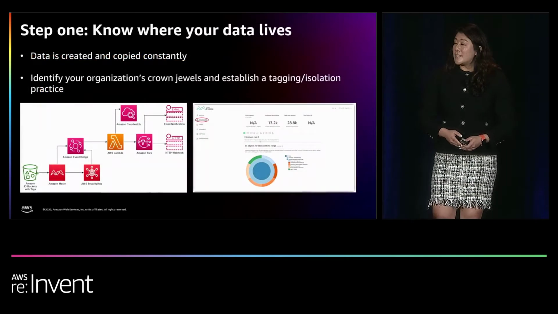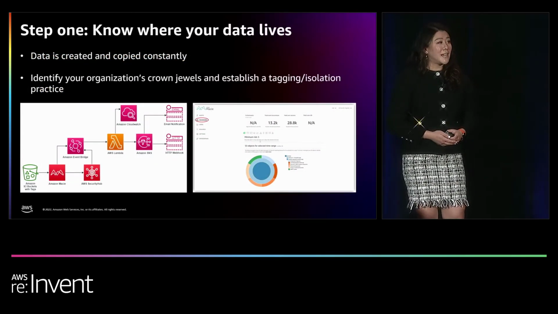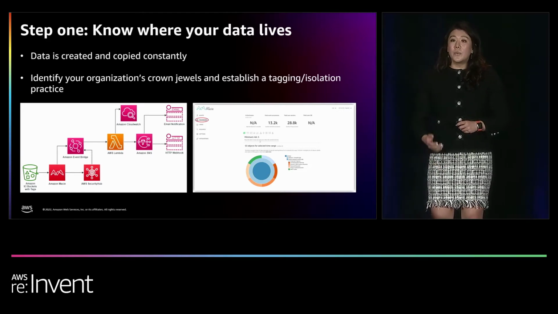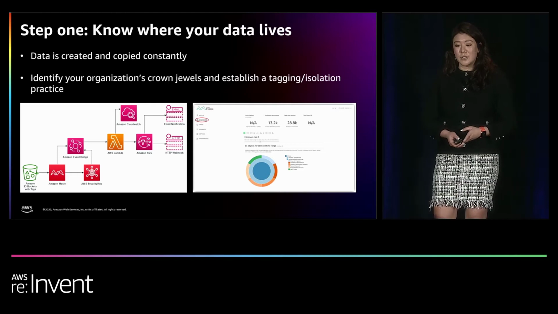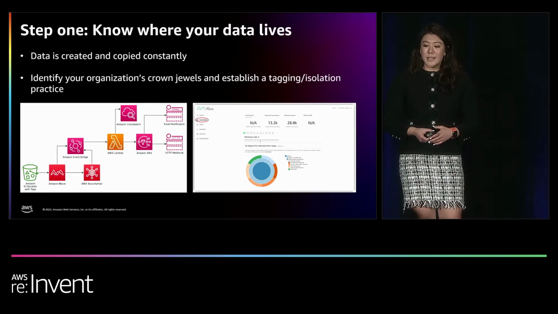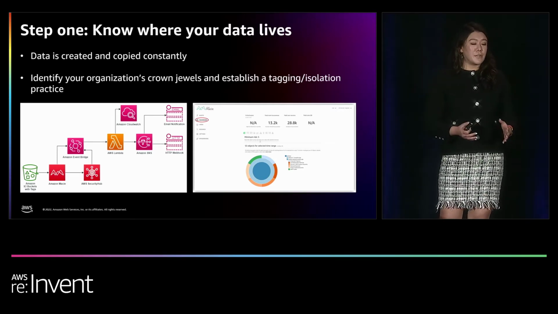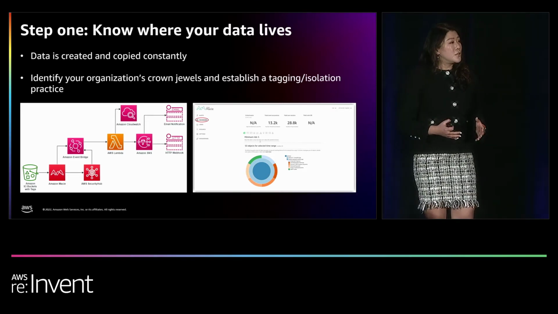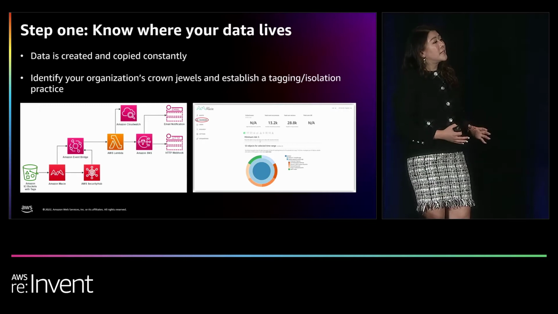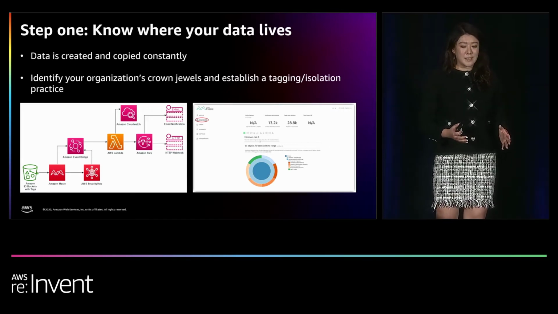So step 1 is knowing where your sensitive data actually lives in your environment. One solution that I'd love to recommend is using Amazon Macie to classify your data and to detect where your crown jewels are. Once your data is classified, I also recommend tagging it properly to reflect its level of criticality to your business.